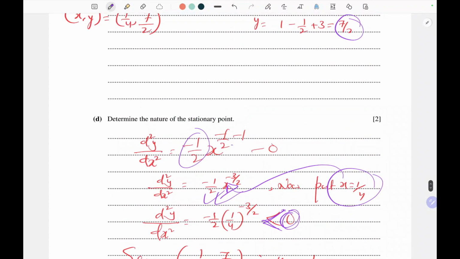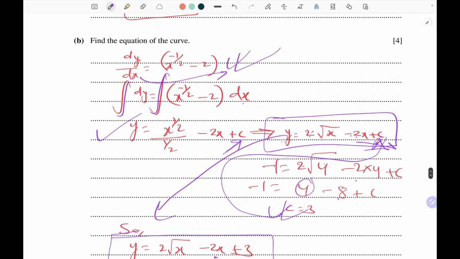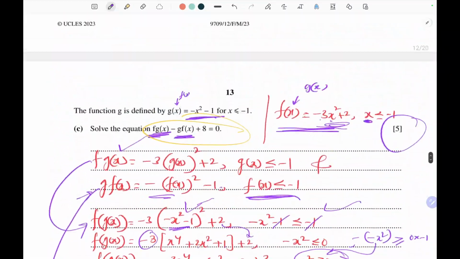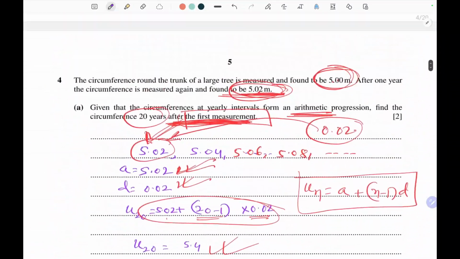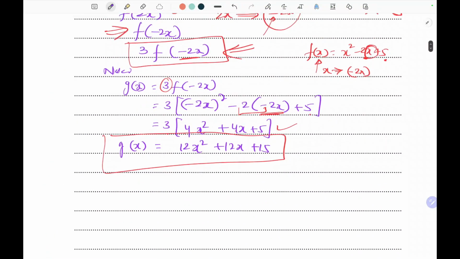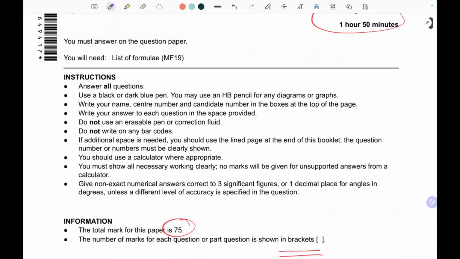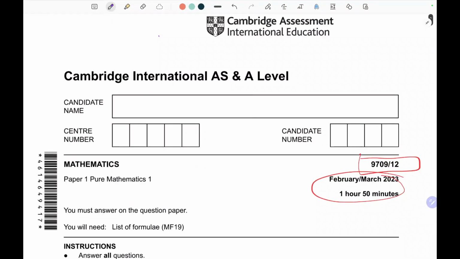I did not find any new concept or any unseen type of question. All are old type questions. If you practice from 2020 onwards, then you will find these kinds of questions. I did not find this paper challenging. So this paper was easy or average, but definitely not tough.